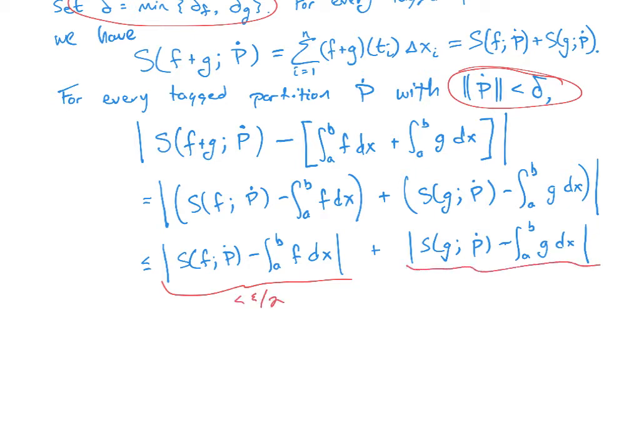And the distance over here is less than epsilon over 2. So the whole thing is less than epsilon. And that is what we need to show that the integral really does exist and is what we claimed it is.